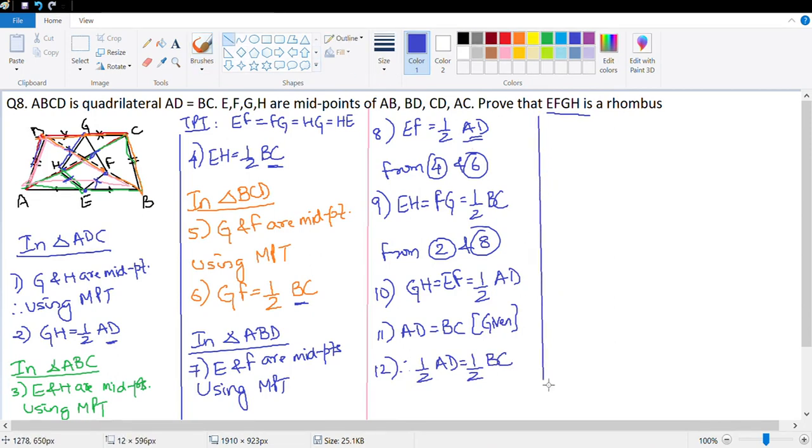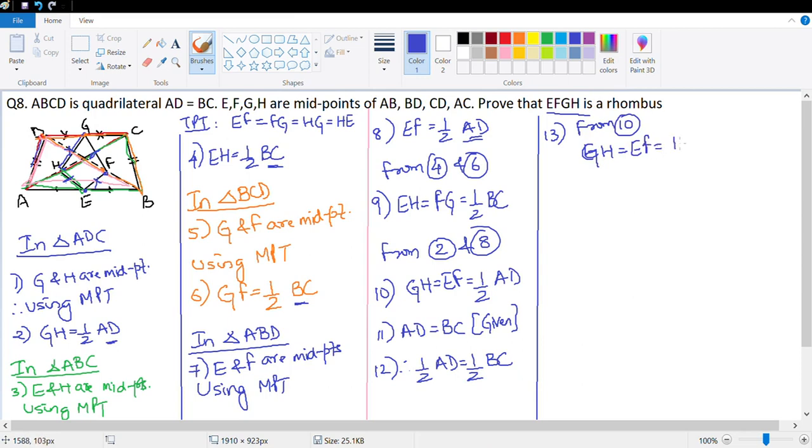So what I get is number 13. So from 10, GH is equal to EF is equal to half of AD, which is equal to half of BC. Since half of AD is equal to half of BC, this is from number 12.